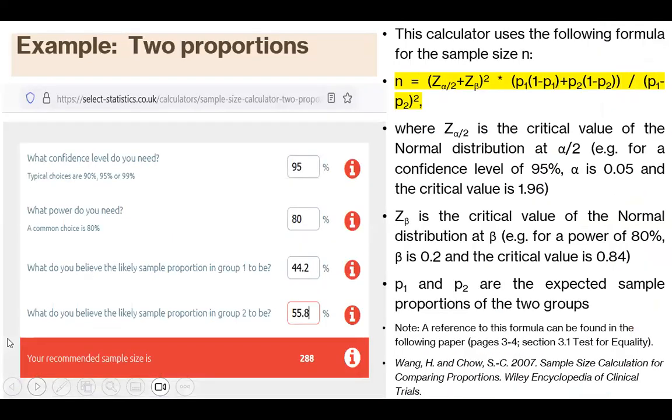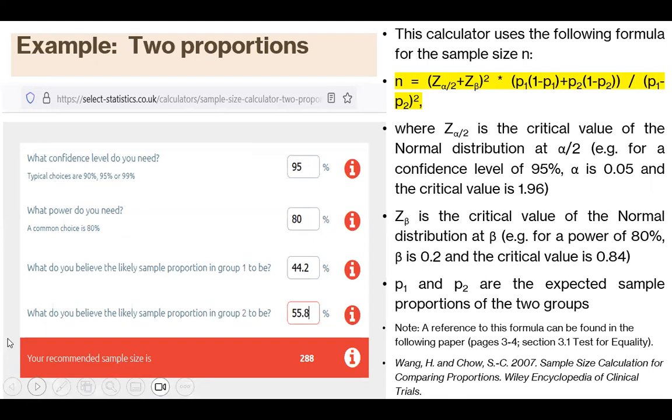Going further, I tried to look for other websites or other resources to be able to compute the sample size, and I found this select-statistics.co.uk, and it allows me to compute again, but this time the values can be inputted with the decimal point. The previous slide only showed bars that you can move, so it was like 44 and 55.